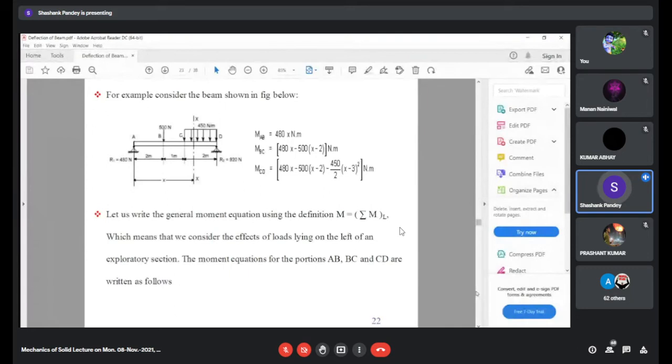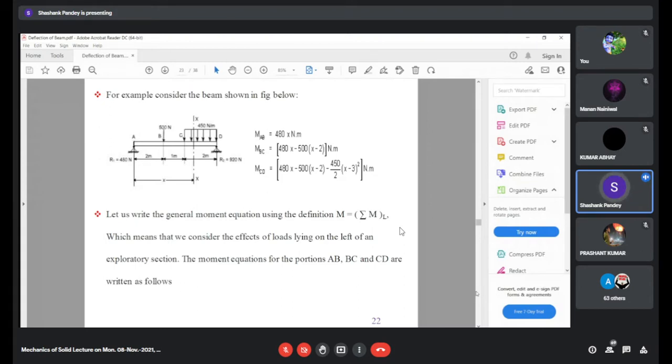What about the UDL? For the portion x minus 3, it will be 450 into (x minus 3), and the UDL will be acting at half of the length, that is (x minus 3) by 2. So we have written this equation for the moment for the portion between C to D.